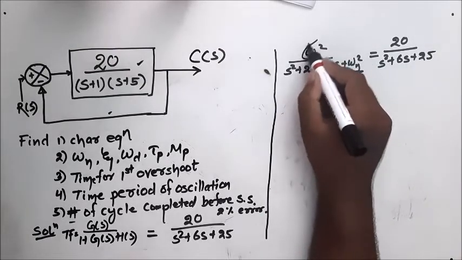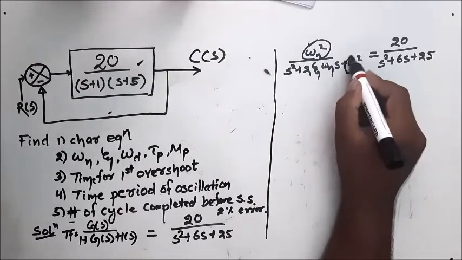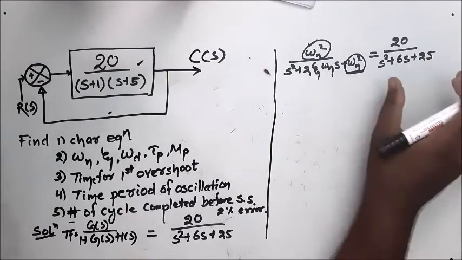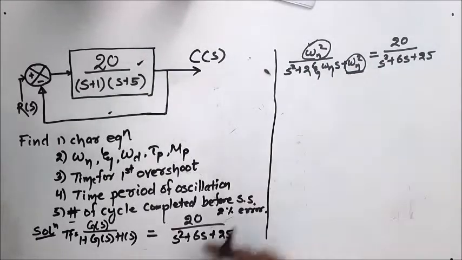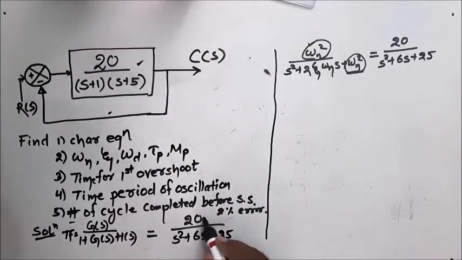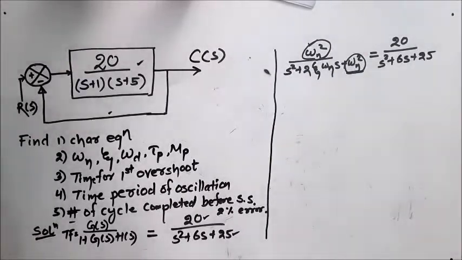Essentially, these two values should be the same. But here this is 20 and this is 25. That means this is not possible to solve. Am I right? No, this can be solved.